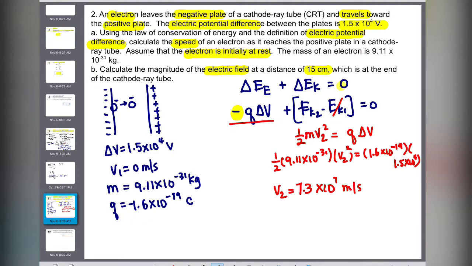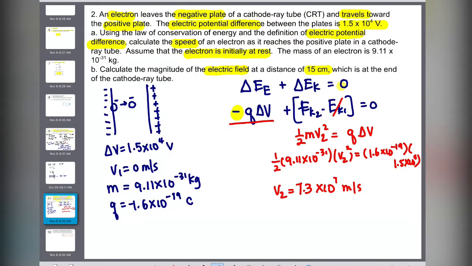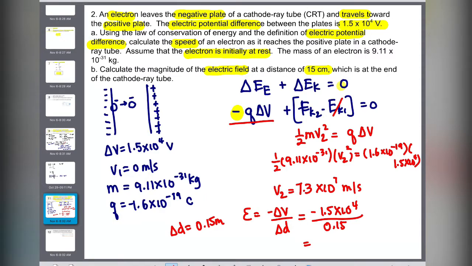We have this equation for epsilon, it's delta V over D. So electric field is negative delta V over D, which is equal to negative 1.5 times 10 to the 4, all divided by 0.15. The distance is 15 centimeters, so 0.15 meters. So I got an answer of negative 1.0 times 10 to the 5.